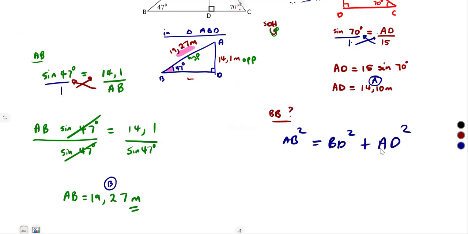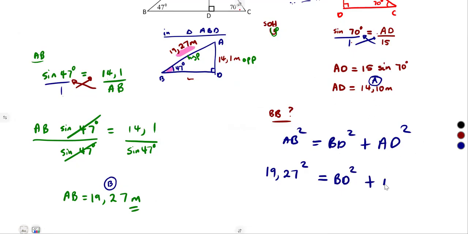Those are the two shorter sides. Substitute the values. We calculated AB, so 19,27 squared must be equal to BD, which is the one to be calculated, plus AD.